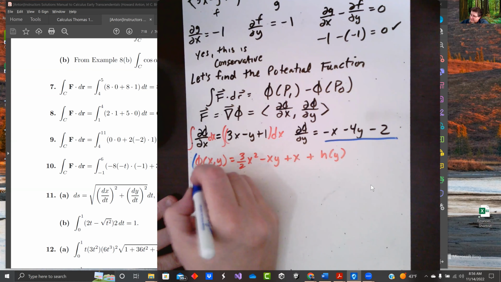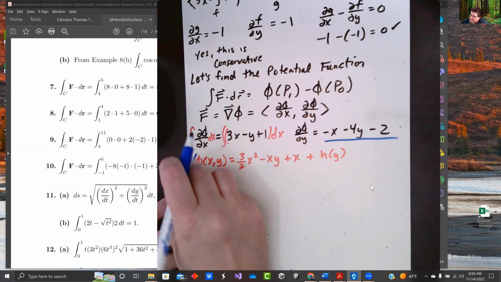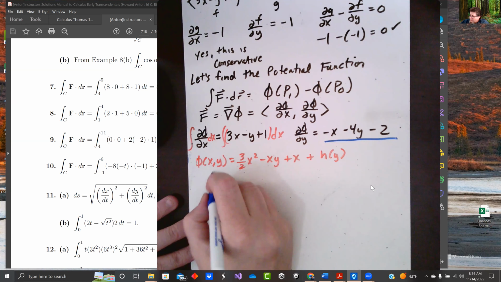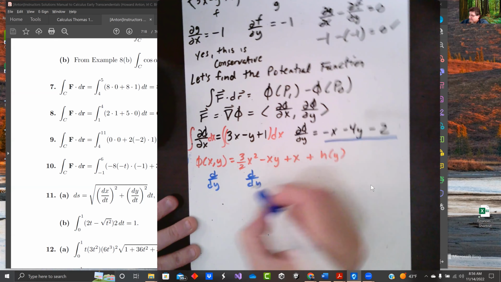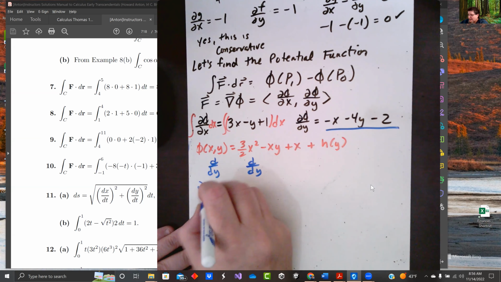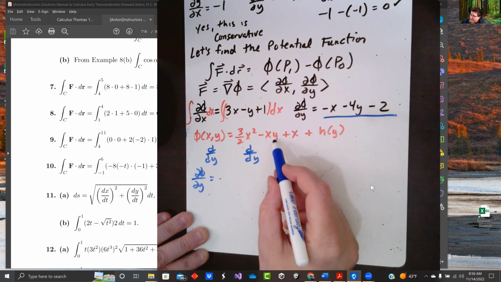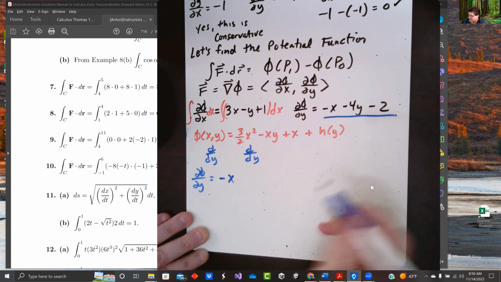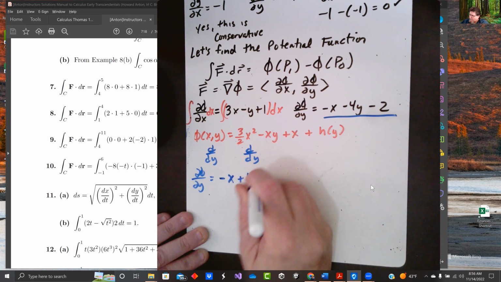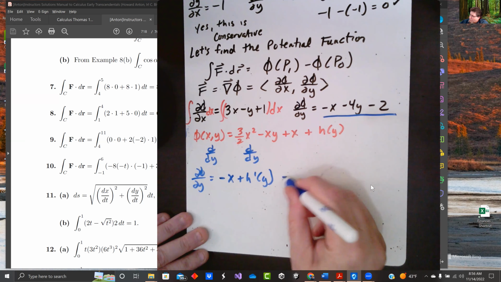So let's do d dy on both sides. The left side is d phi dy, that's easy. The right side, I get negative x plus h prime of y. And that should equal this.